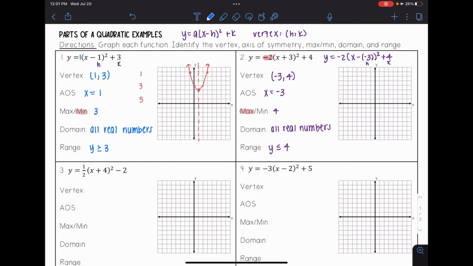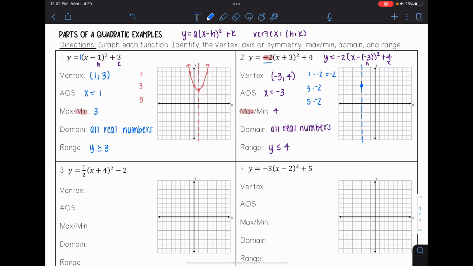To graph this, I'm going to first graph my vertex of -3, 4, and put in my axis of symmetry. Now I want to follow that 1, 3, 5 rule, but this time my a value is -2 out in the front. So I'm going to multiply 1, 3, and 5 by -2.